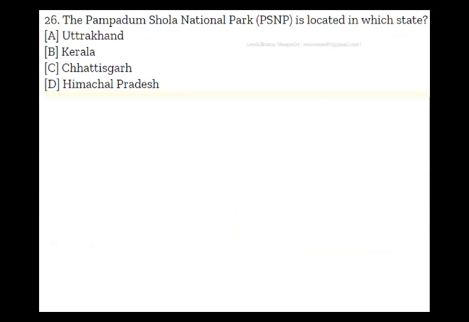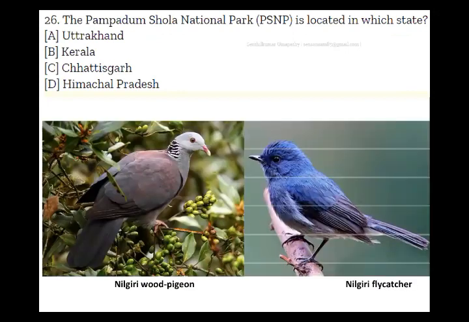The Pampadum Shola National Park is located in which state? Uttarakhand, Kerala, Chhattisgarh, Himachal Pradesh. Pampadum Shola National Park is very adjacent to Eravikulam National Park of Kerala, which belongs to the Idukki district of Kerala. The answer is Kerala.